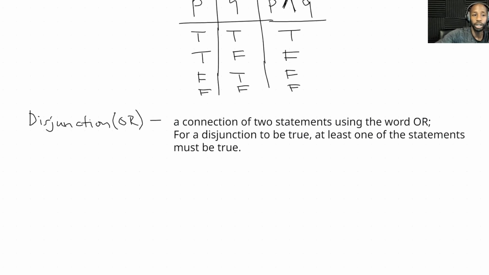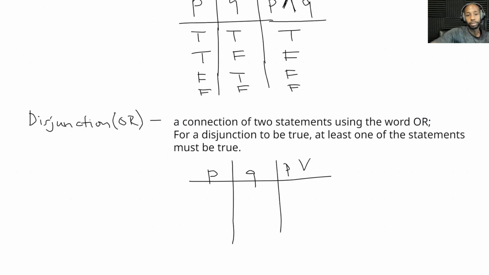Okay, so now let's construct the truth table for an or. Now, or statements, disjunctions, are denoted like this: P or Q with a down arrow. So remember, one of these has to be true for the whole thing to be true. So true, true, true. True, false, then this is still true.